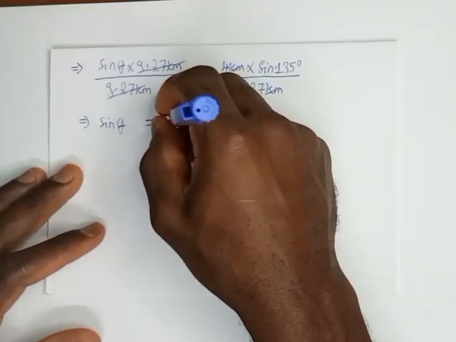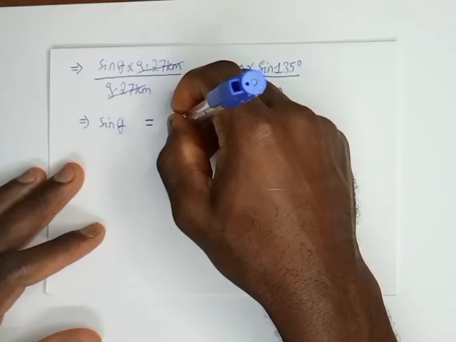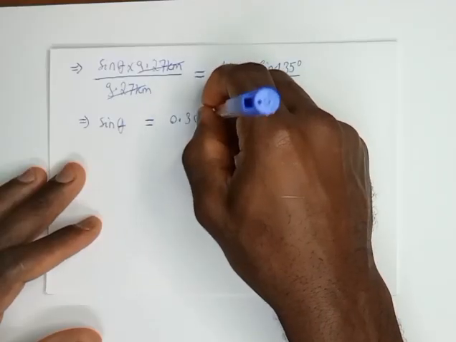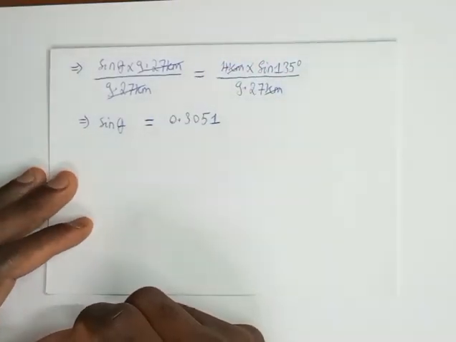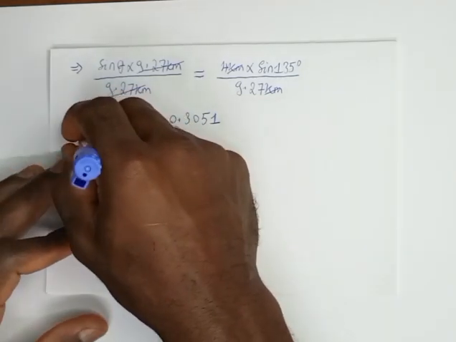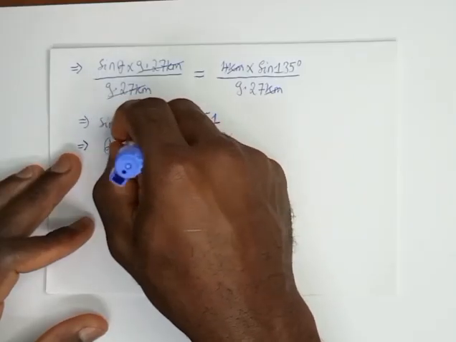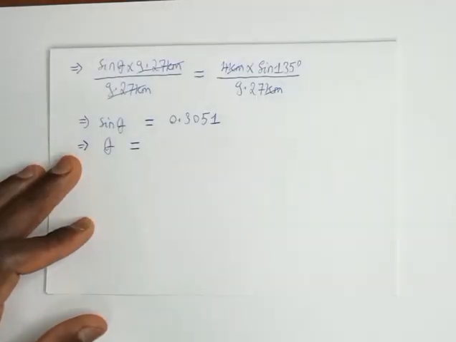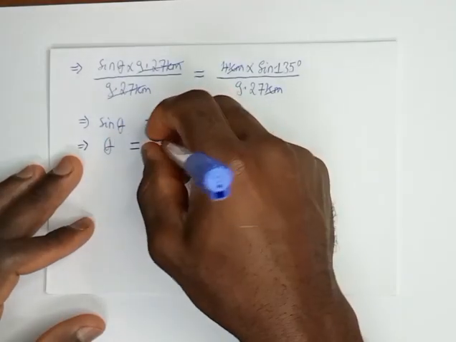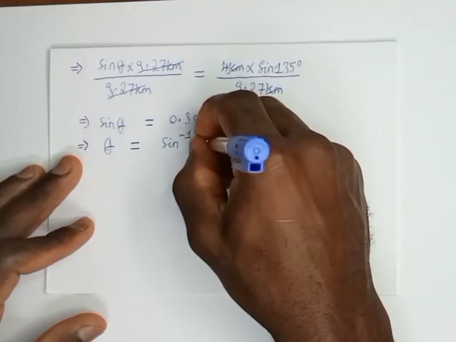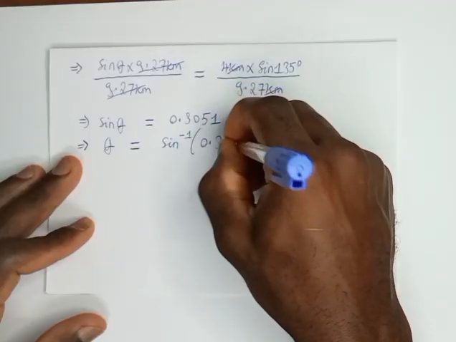This will give us 0.3051 to 4 decimal places. Then the angle theta will simply be equal to, we take sine inverse on the left hand and the right hand side. This will be the sine inverse of 0.3051.